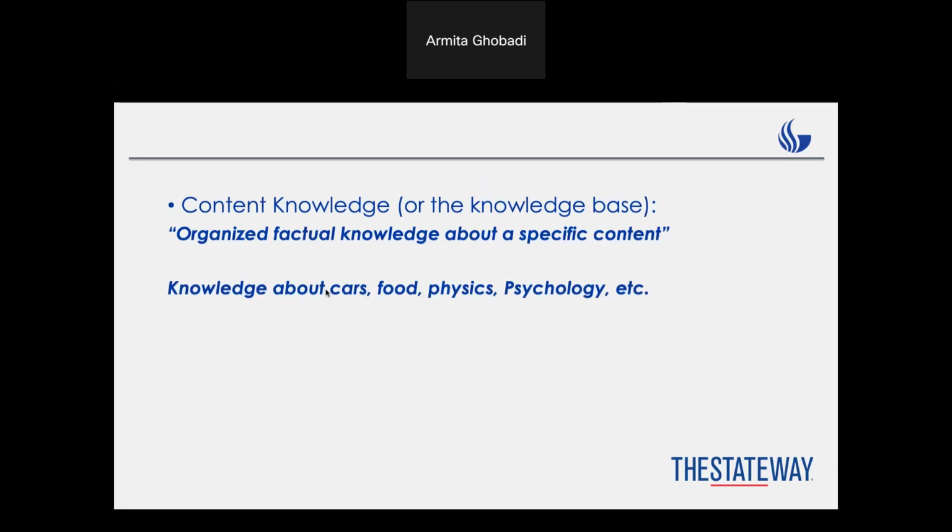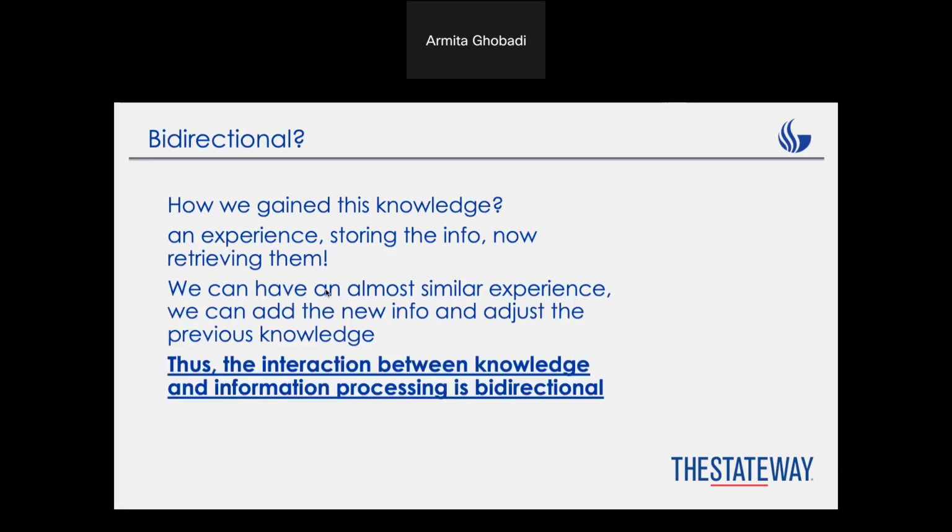We have some current knowledge, and we have some base knowledge. Our base knowledge can be developed based on our everyday interaction and the way we are interacting with the environment. Just imagine that the relationship between new knowledge and the information that you have is bidirectional.